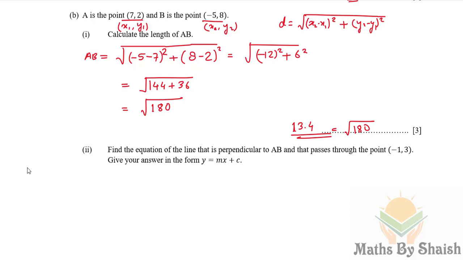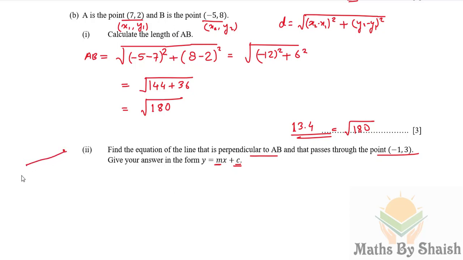Now the second part of B is: find the equation of the line that is perpendicular to AB and that passes through the point minus 1 comma 3, and give your answer in the form y equals mx plus c, where m is the gradient of the line and c is the y-intercept. We know this form, so all we need is the gradient of the line perpendicular to AB.